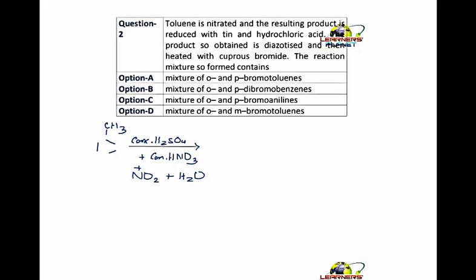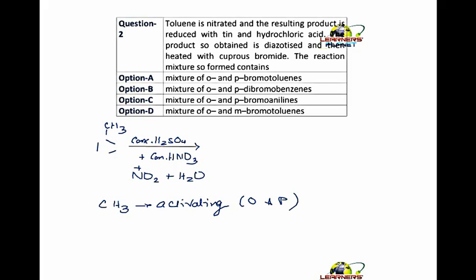Now, this nitronium ion, what is the CH3 group? CH3 is an activating group, right? Activating means it has got plus I effect. So, this will increase the electron density at ortho and para positions, right?